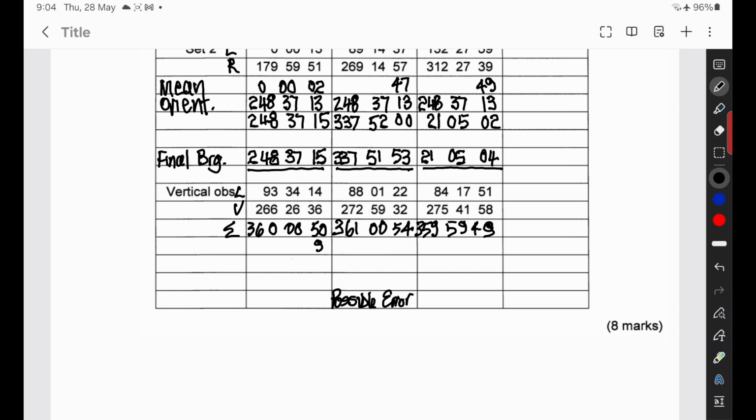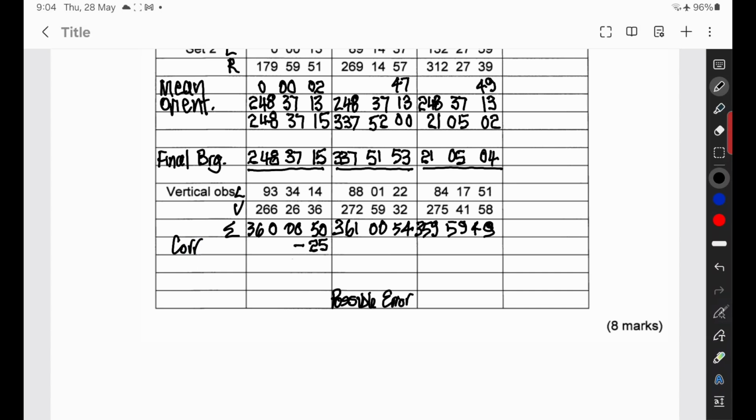I think that probably would be better to show it. So minus 25. I'm just going to show that there. That's your correction. Okay, minus 25.